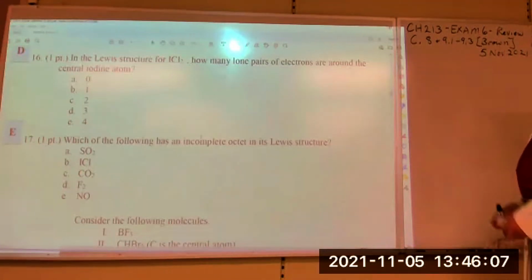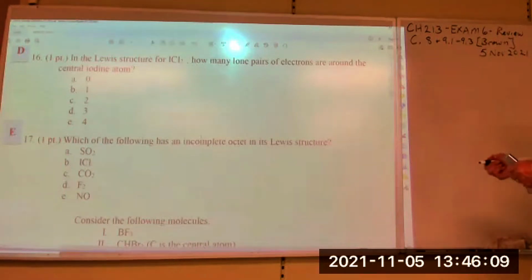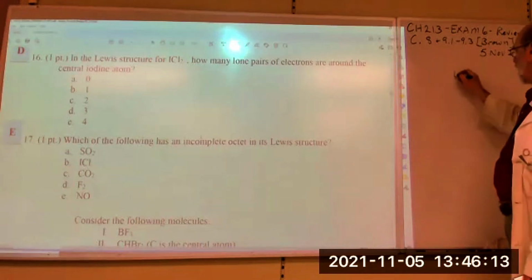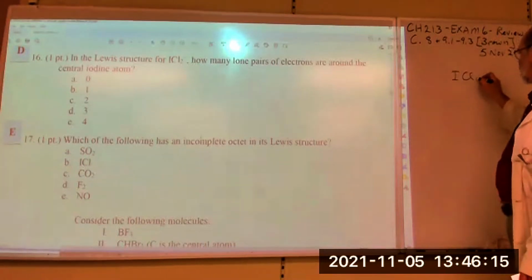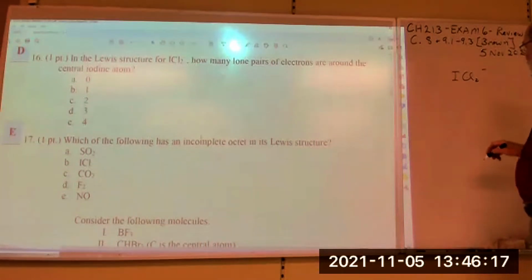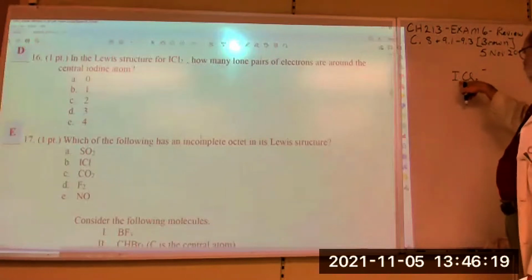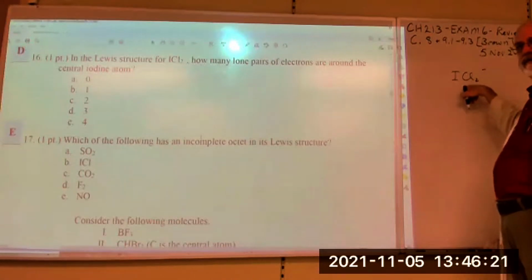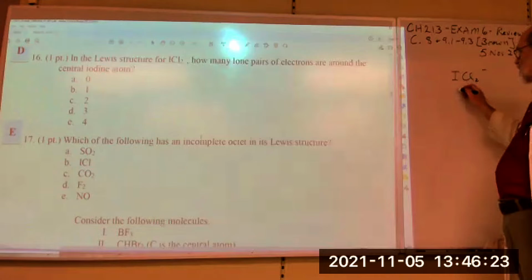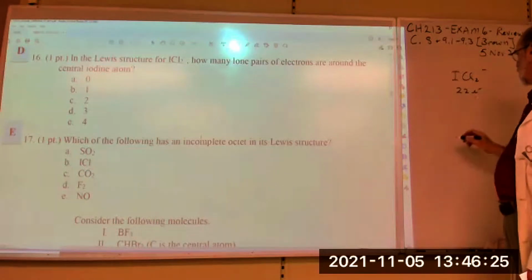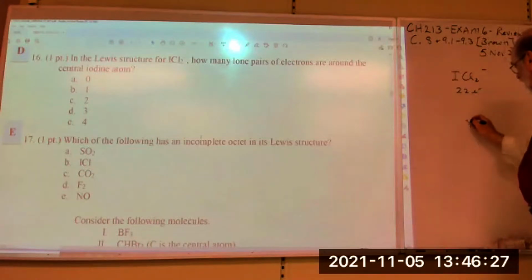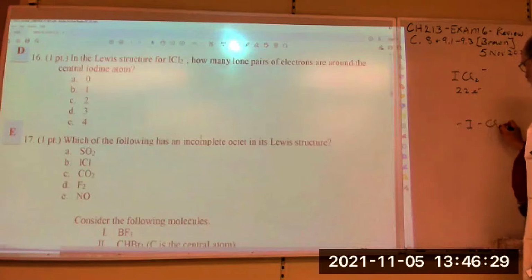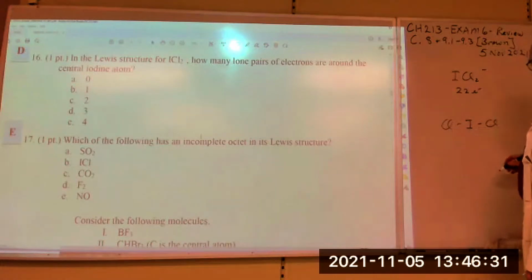In the Lewis structure of ICl2 minus, how many lone pairs of electrons are around the central atom? So let's see, ICl2 minus. Got 3 times 7 is 21, plus 1 is 22, right? 22 electrons. So we have iodine in the middle, and chlorine on either side.